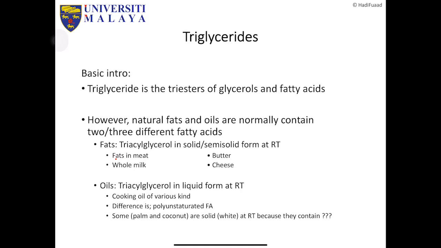For example, triglycerides in solid or semi-solid form at room temperature are fats in meats. If you buy red meat, you normally see white fats, so they are kind of semi-solid. If you buy whole milk, it contains triglycerols.